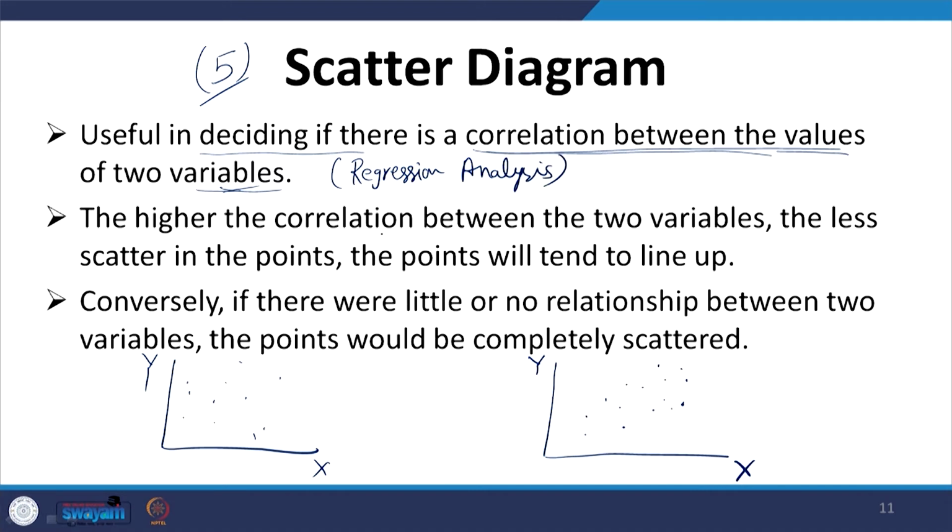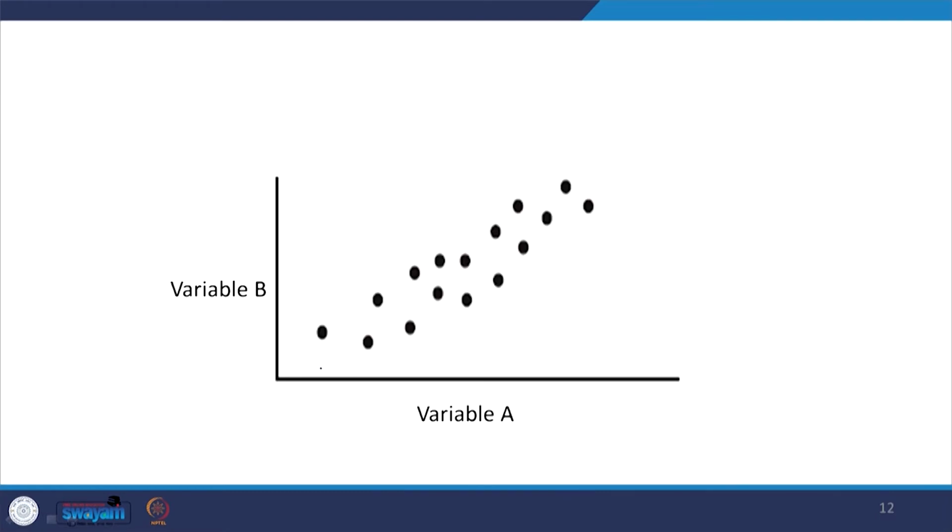The higher the correlation between the two variables, the less scatter in the points, and the points will tend to line up. So, if you see this diagram between variable A and variable B, here these points are very close to each other. So, these points can fit into a kind of line like this.